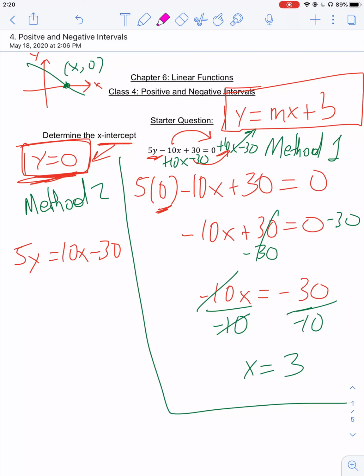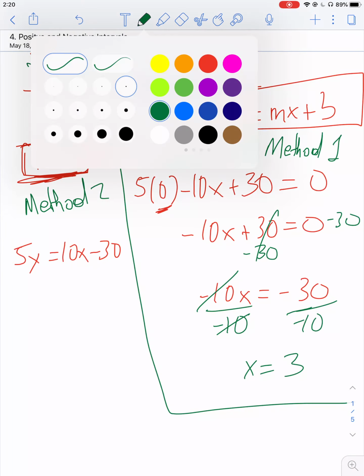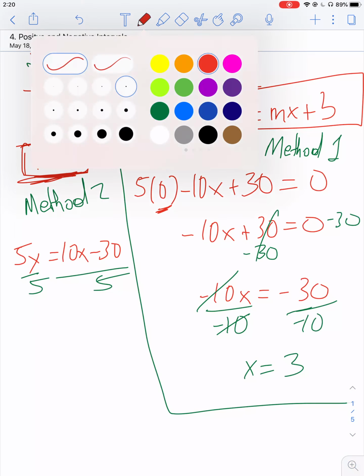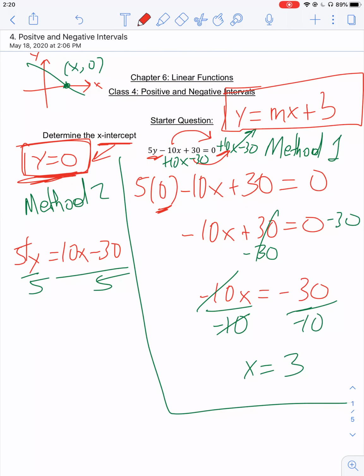Now the next step is to solve for y, right? So I'm going to have to divide by 5, and then I have to divide the whole thing by 5. Which will leave me with y, because 5 and the 5 will cancel, right? So y is equal to, now you have to divide the 10 by 5, which gives you 2. The x remains, and then don't forget to divide the negative 30 by 5, which will give you minus 6.